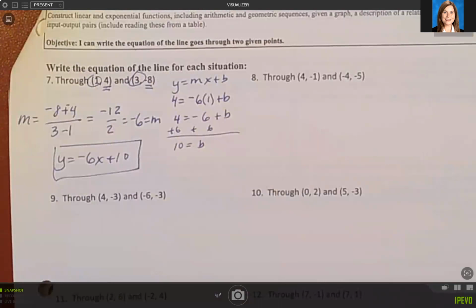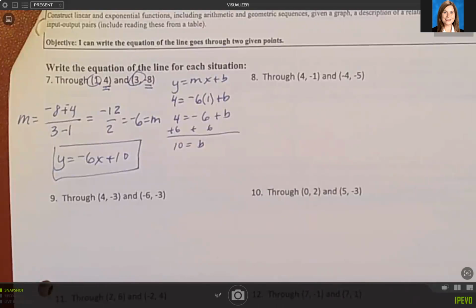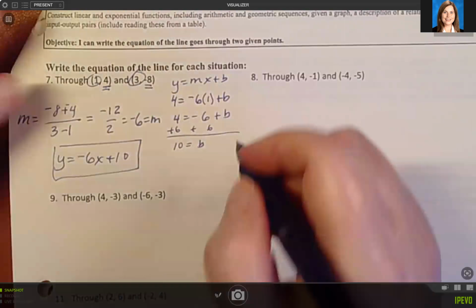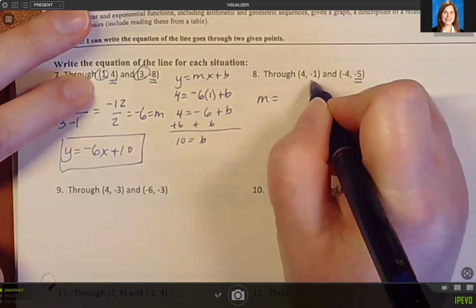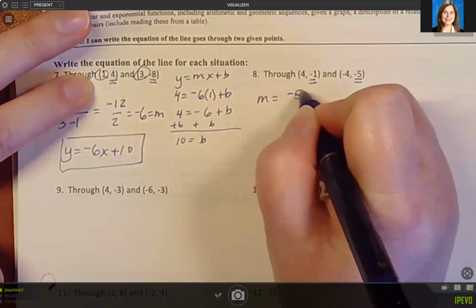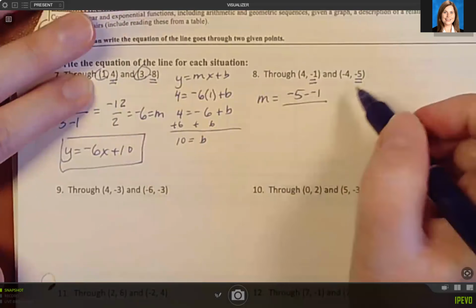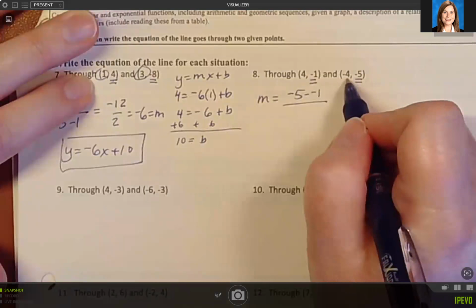Number 8, write the equation of the line that goes through the points (4, -1) and (-4, -5). So again, our slope is change in y over change in x. So I'll do -5 minus -1 over, and go in that same corresponding order for the x values, -4 minus 4.